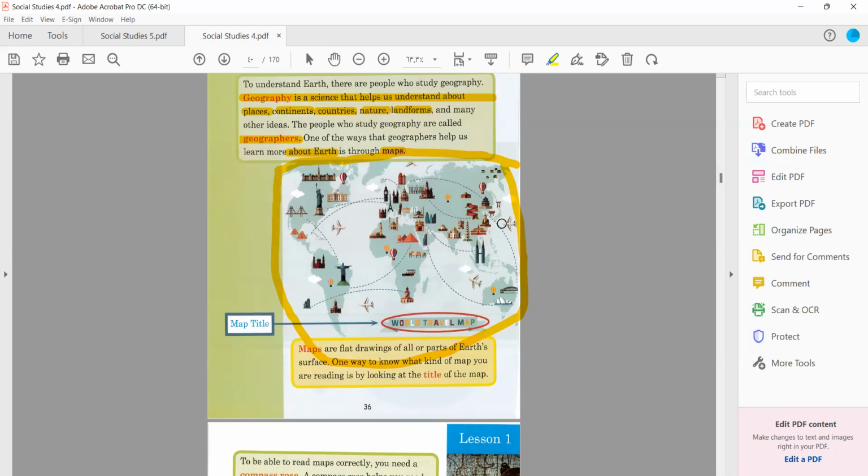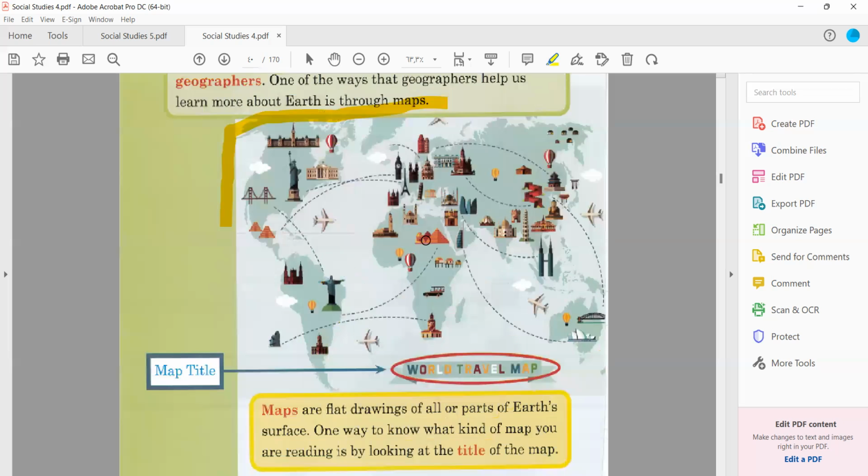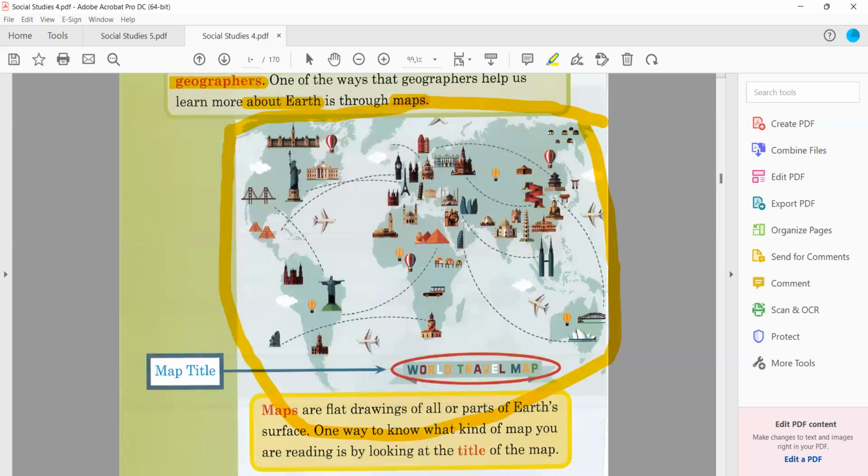We can see that in Saudi Arabia there is a building that refers to buildings in Saudi Arabia and the Kaaba and some holy mosques. For example, we have the Liberty Statue in America. We have the pyramids in Egypt and the safari in Africa.